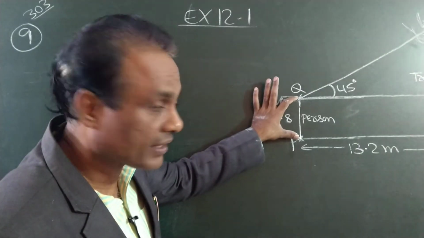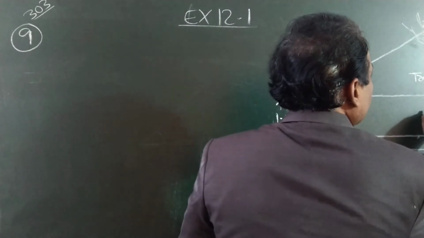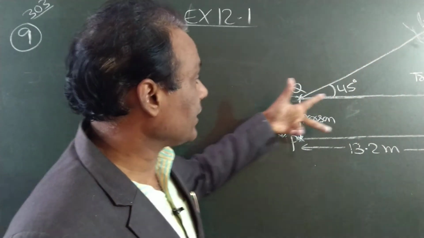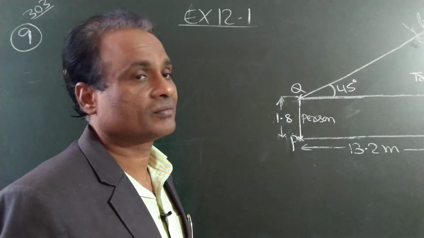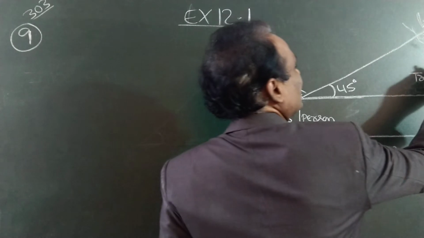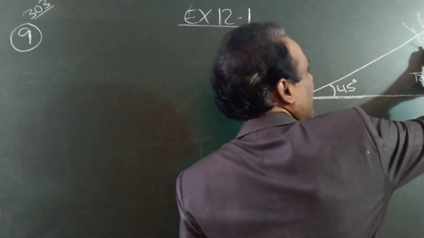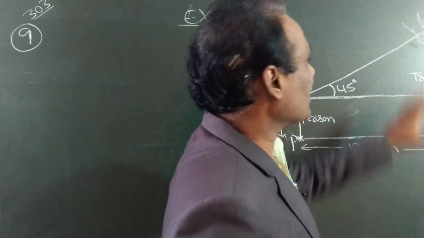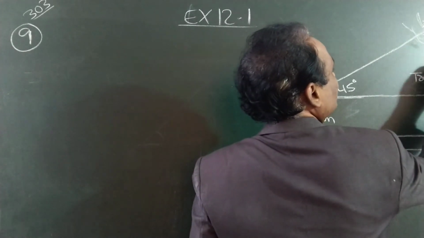This is 1.8. If this is 1.8, this is also 1.8. What will be this remaining distance? Total height of the tree is h. I want this distance. So h minus 1.8.